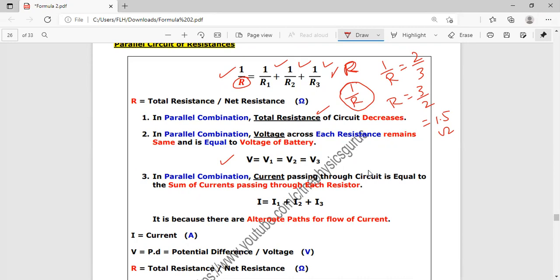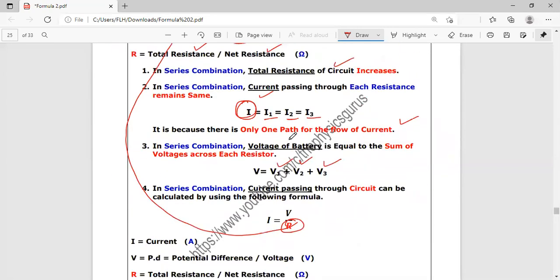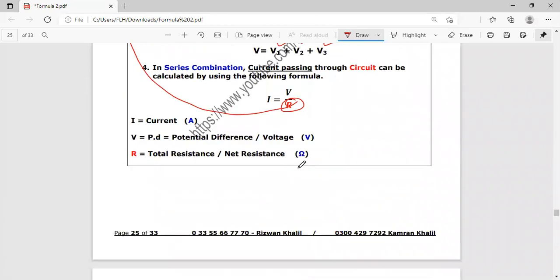So total current can be calculated by adding all those currents passing through each resistor, I1 plus I2 plus I3, because there are alternate paths for the flow of current, so current will be divided. So these two properties, property number 2 and property number 3 of parallel circuit, are opposite to the property number 2 and property number 3 of the series circuit.